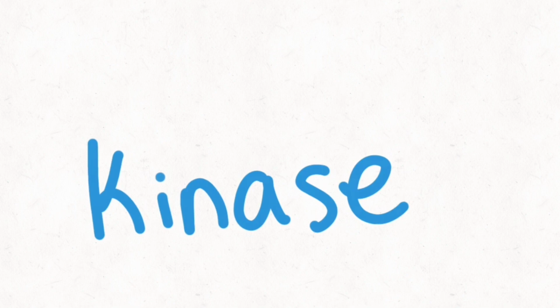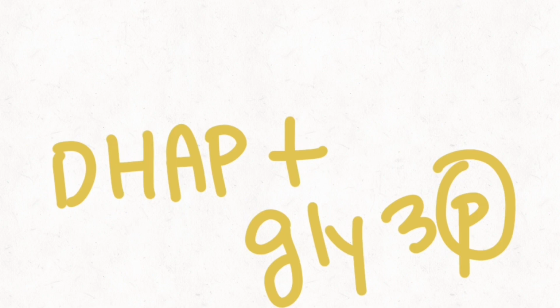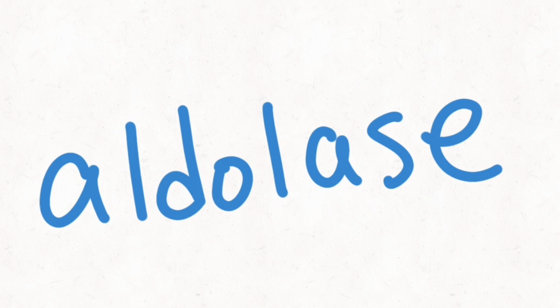Removing the phosphate, phosphatase. Now we're going to finally cut the molecule in half. So now we're going to have 3 carbon molecules. So we have dihydroxyacetone phosphate and glyceraldehyde 3-phosphate. The molecule is broken down by aldolase. So this pathway goes a little bit faster than the other regulation sites because this is not a regulation site.